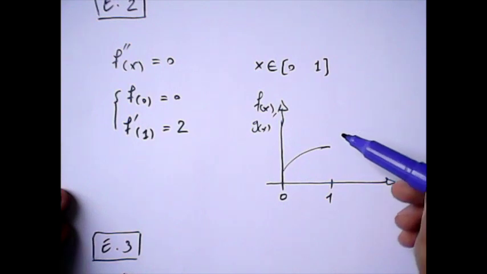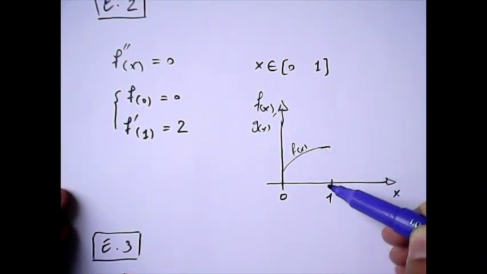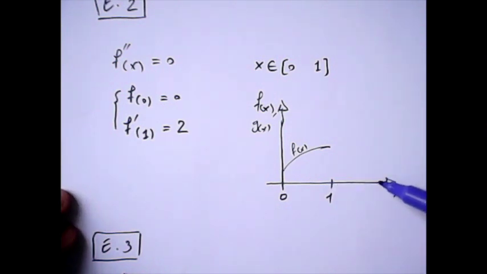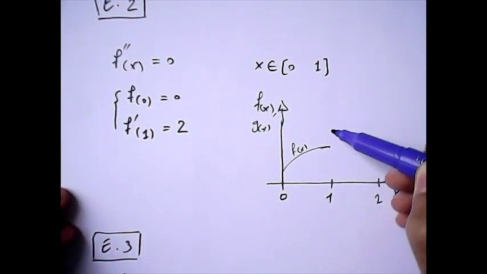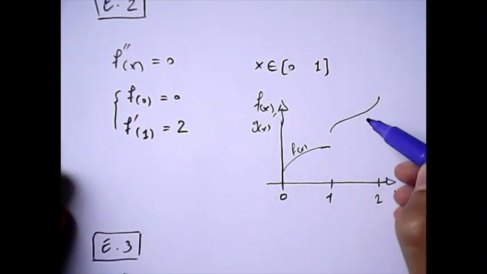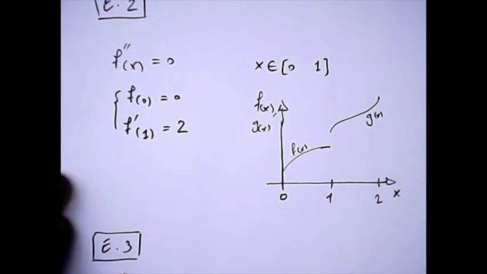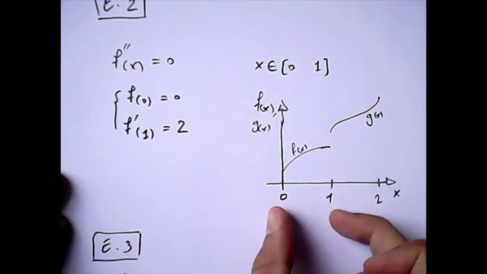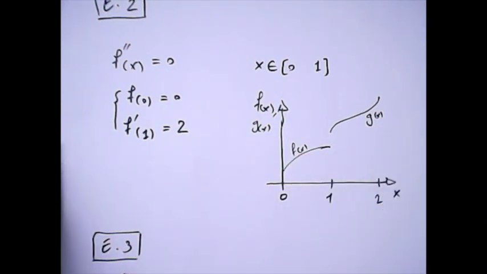And this would be f, and I'll draw g right on here too. g starts from 1, goes all the way to 2, so g would look like something like this, or whatever it looks like. Okay, so plot them together. From 0 to 1 would be f of x, and 1 to 2 would be g of x.